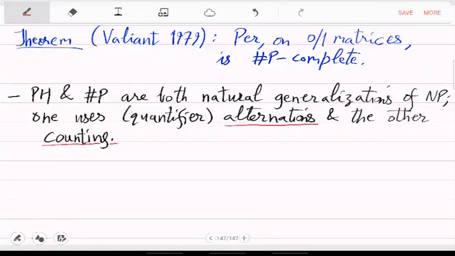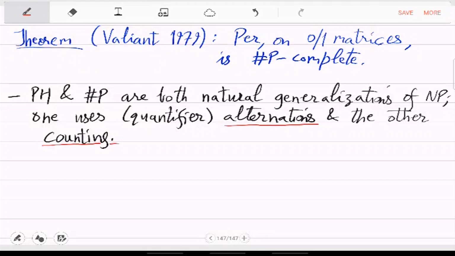So, either quantifier alternations, they exist for all alternating on strings, and only constant many for PH. If you make it unbounded, then you will get PSPACE, which is where PH is. And Sharp-P uses counting. Okay, so instead of there exists, it asks how many strings exist.